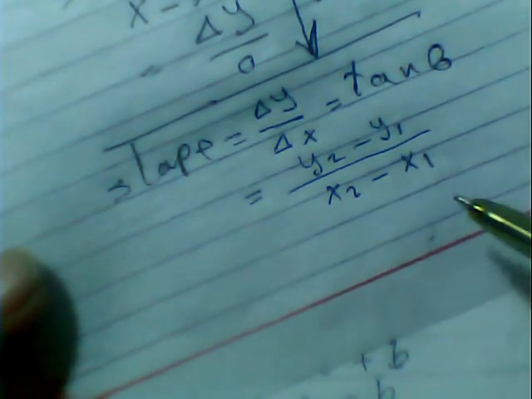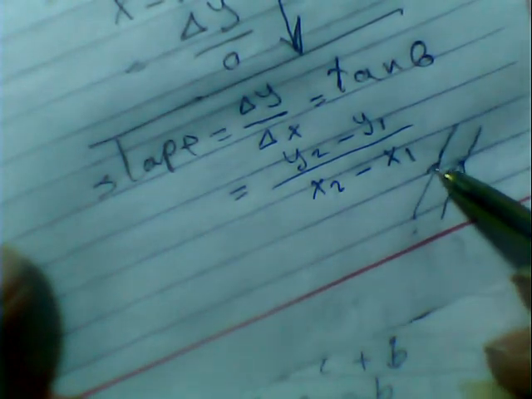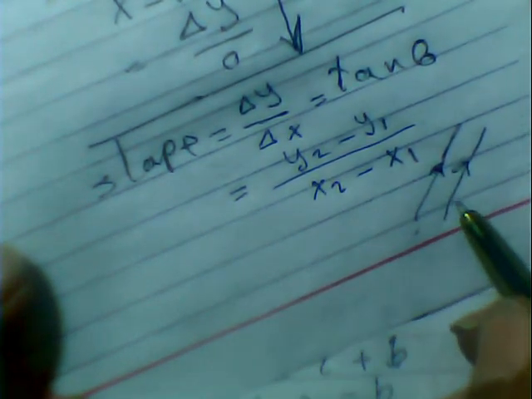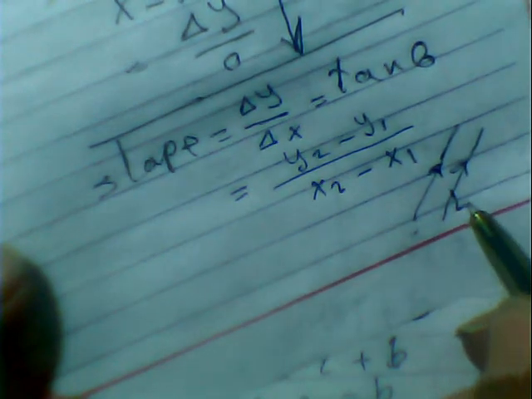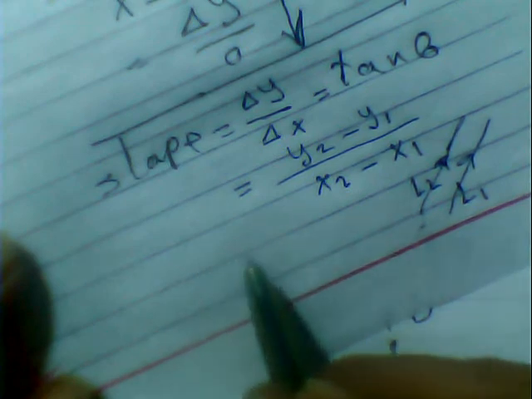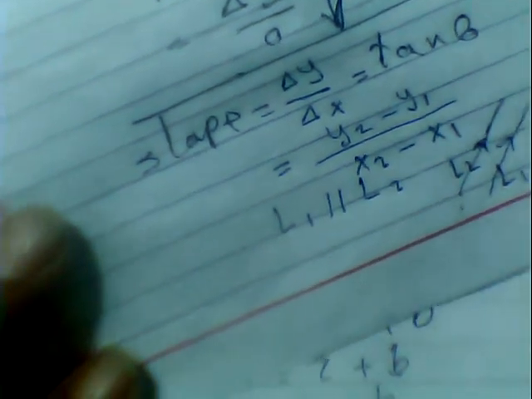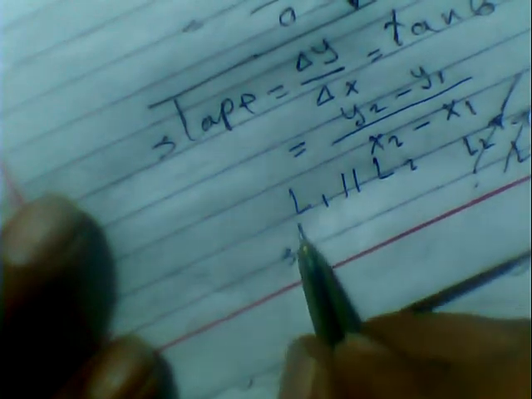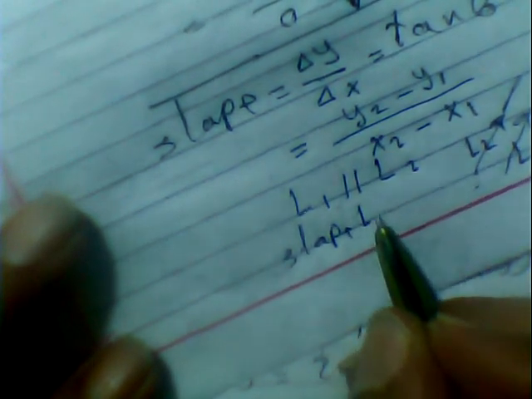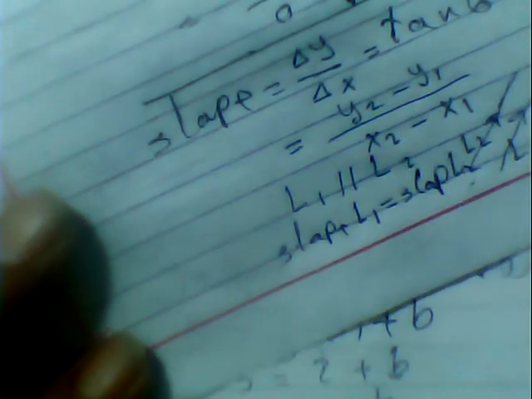And if two lines are parallel, then slope L1 equals slope L2.